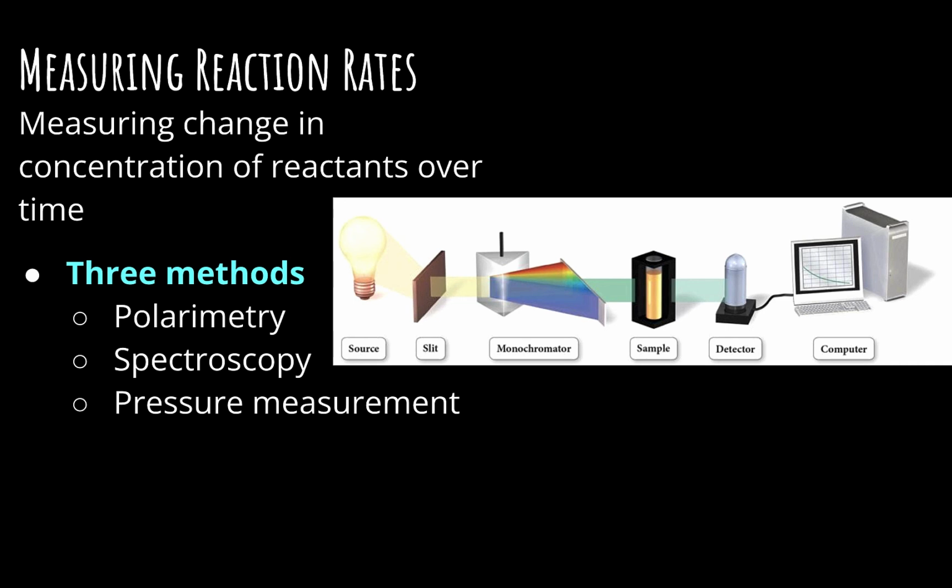Last year you might have used a Spec 20 or even the specs with the Vernier equipment in AP Bio, because it can measure how a reaction is changing by looking at the change in the color or the concentration of it. If it's a gas, you can also measure a change in concentration with a pressure measurement. We'll do at least one, maybe two labs with this unit where you'll get some experience with some of these. But this is where this data comes from.